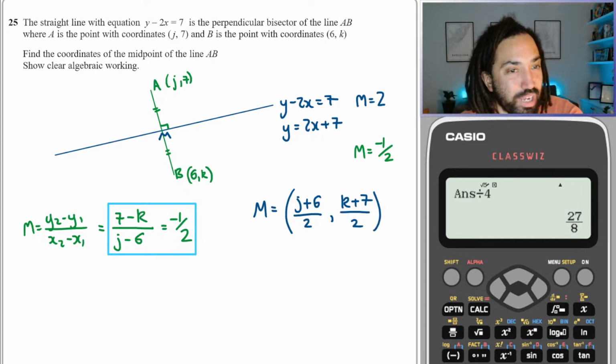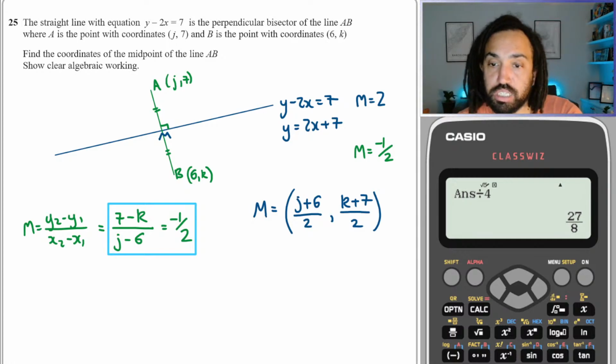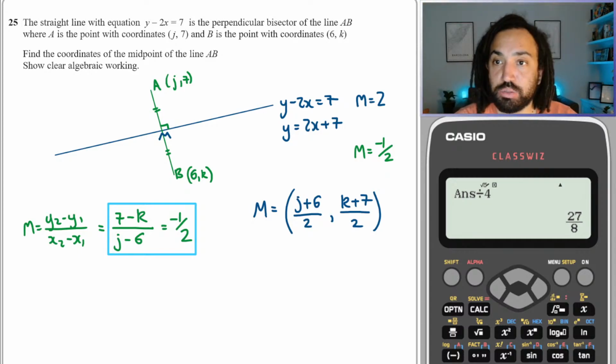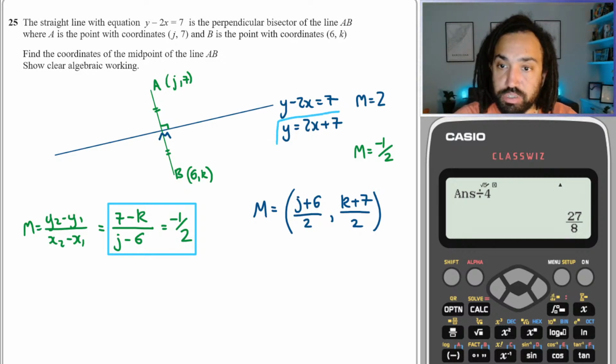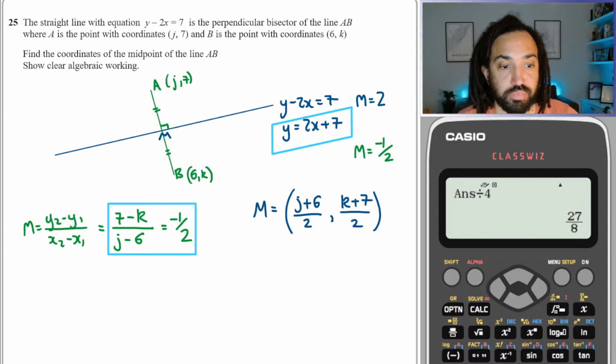Okay, but that's not an equation, is it? And here comes the really tricky part. We know that that midpoint is on the line y is equal to 2x plus 7. We know it's on this line, the midpoint. And if a coordinate is on a line, it means it satisfies the equation of that line.